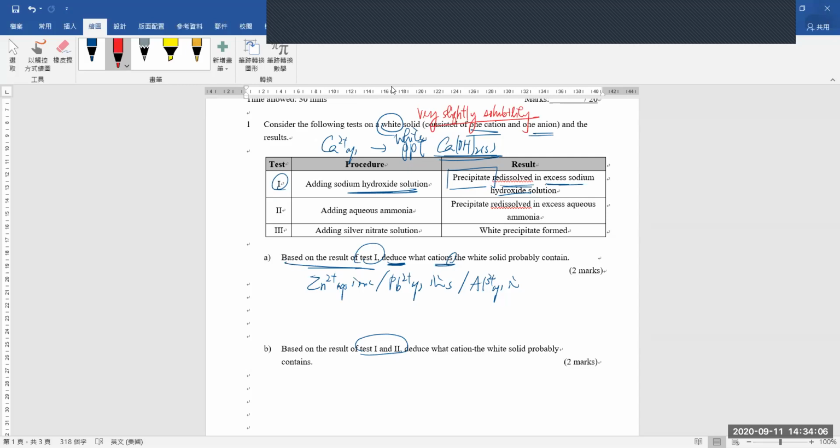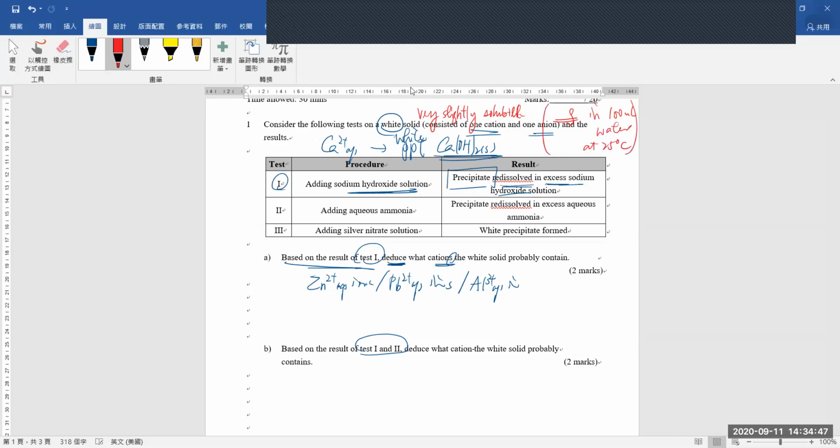Of course, if you want to distinguish between the two terms, sparingly soluble means nearly insoluble, while slightly soluble means some of the salt will dissolve. But if you want to talk about solubility, it is a measure of how many grams of the solute can be dissolved in 100 milliliters of water at 25 degrees.